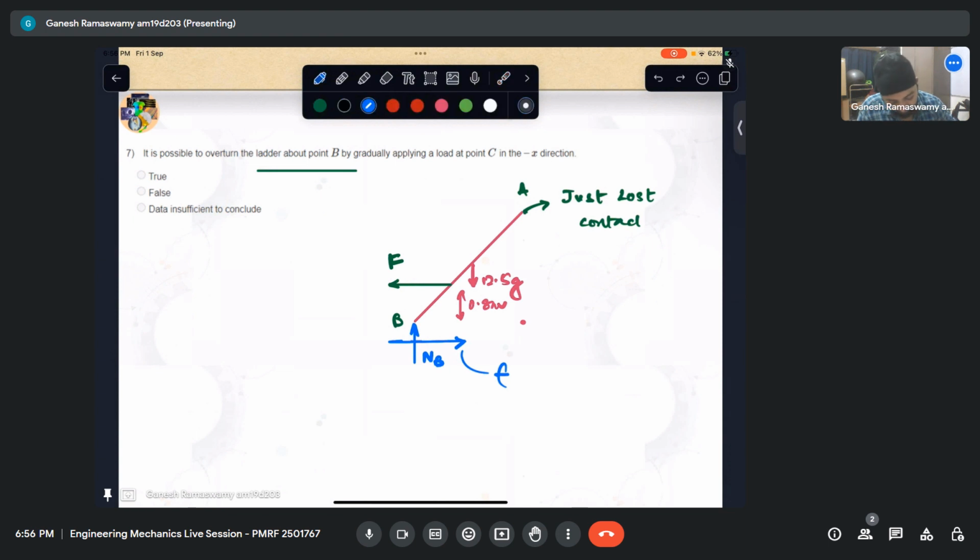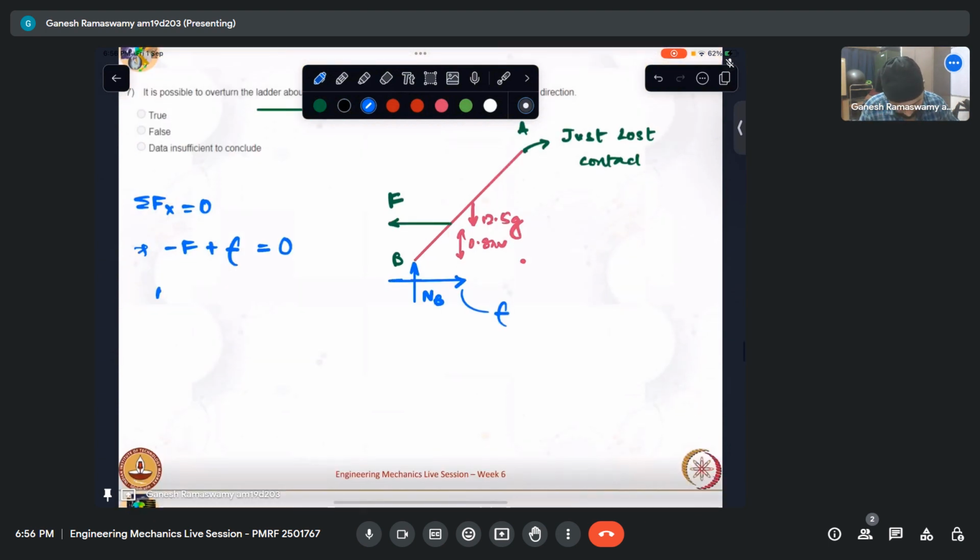Let us first see what sigma Fx equaling 0 gives us. It gives us minus F plus f, or rather small f, equaling 0. Or the mobilized frictional force is equal to the force that I have applied, because there is no other force in the system. Let us go about assuming that this is so.